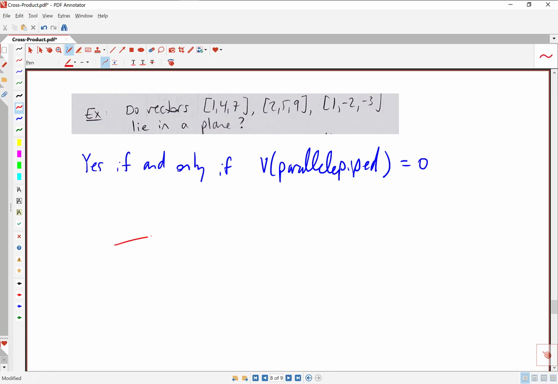Imagine that you have three vectors positioned in such a way that the plane formed by u and v is also the same plane that w lies in. So imagine these three somehow lie in a common plane. Then if you actually calculated the volume of the box formed by these three vectors, the volume would be 0 because essentially this box has no height.